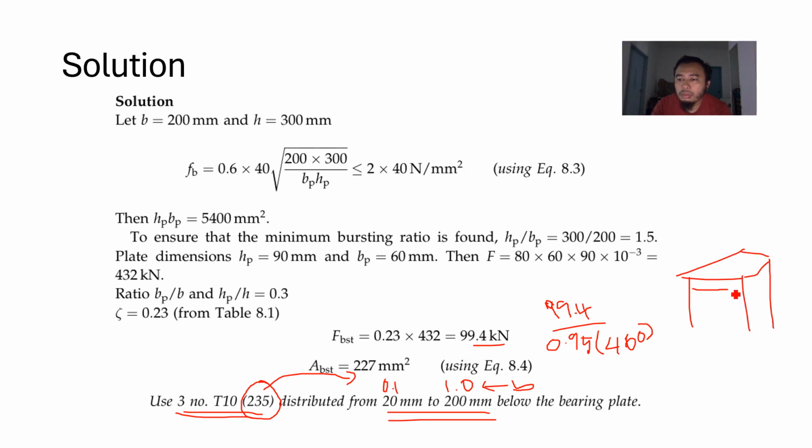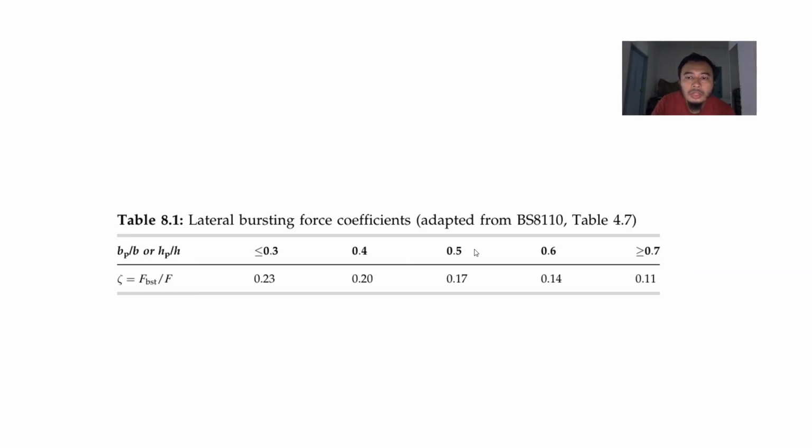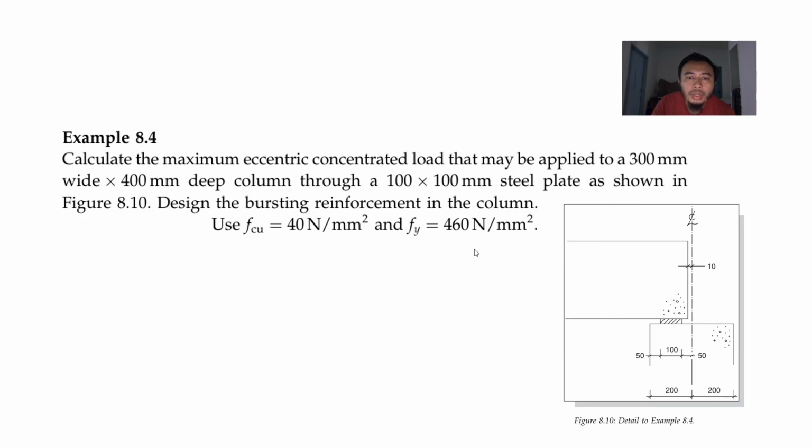So there will be one steel here, and another steel distributed up until 200 mm. So this is table 8.1. You can check and try to do it yourself. And I see you in the next video, for example 8.4.